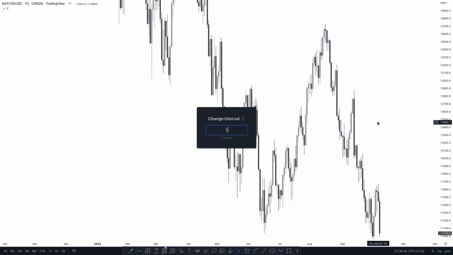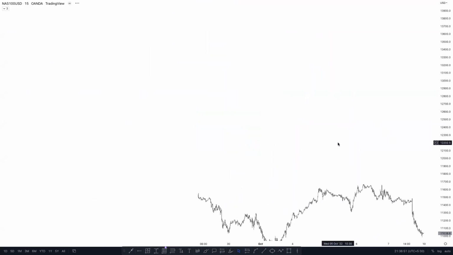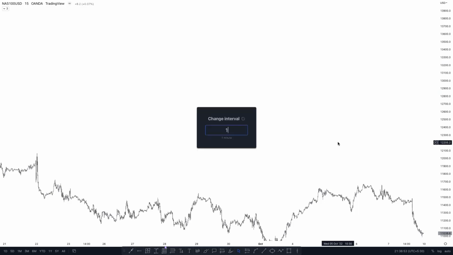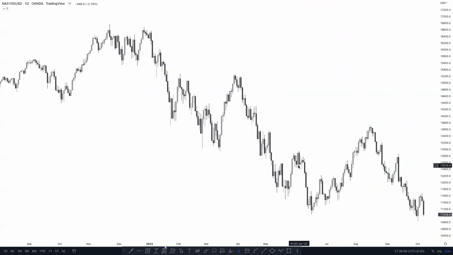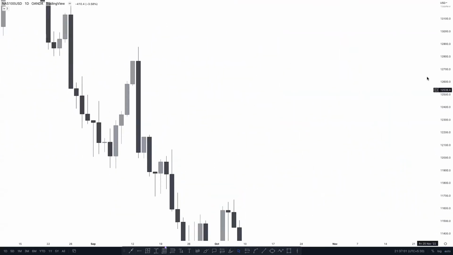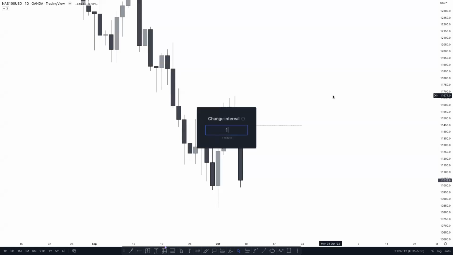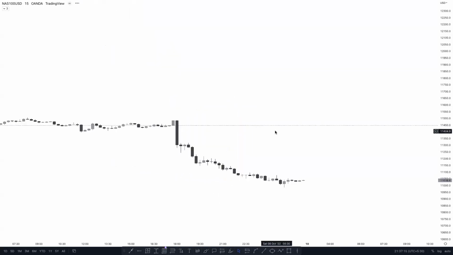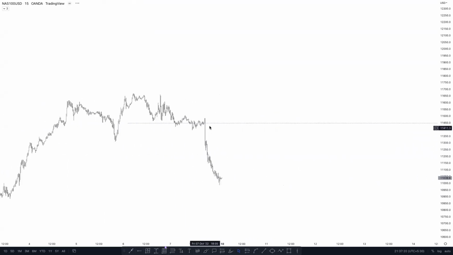If I switch into the 15-minute structure, let me mark the first previous day high. This one. This area is the best for the sell. Okay, almost here.